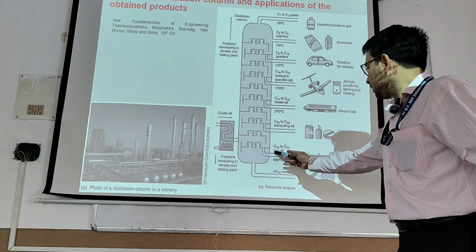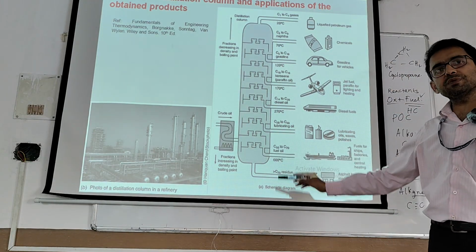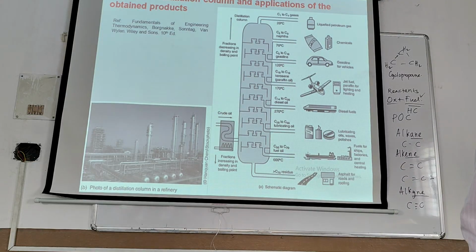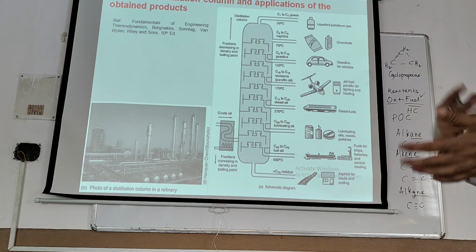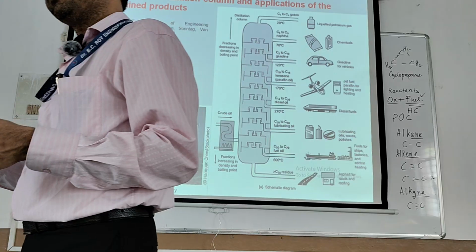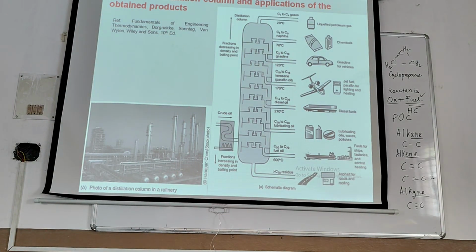So this is fuel oil, right. Fuel oil means basically ships use fuel oil. It will be very thick, and preheating will be done before use. It will be a very thick viscous form, heated before it is used in the ships. Okay, that is called fuel oil.